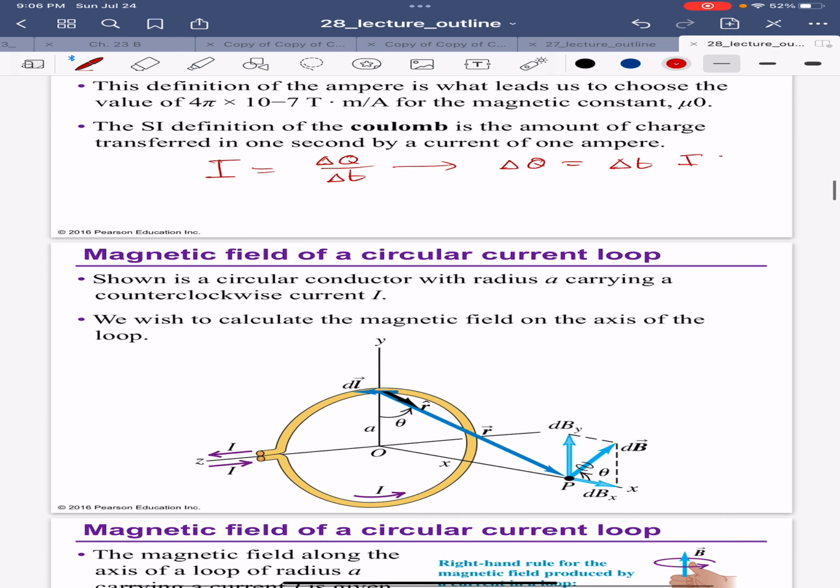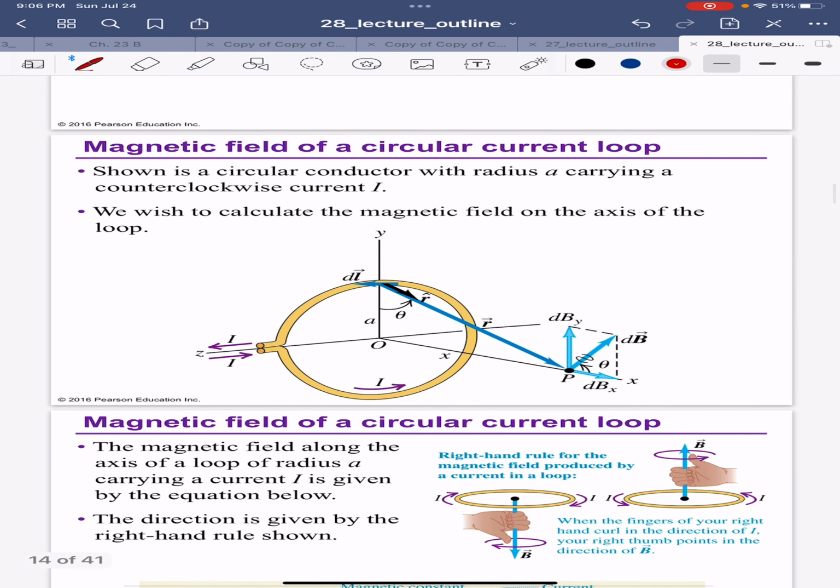Now, what if my wire is not straight, but a circular conductor that has a radius a carrying a current in the counterclockwise direction? We can also calculate the magnetic field of that conductor at a point P here, and whenever we have a circular loop, that is the formula.